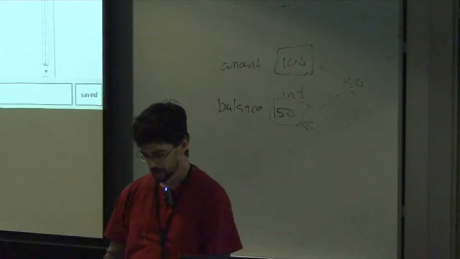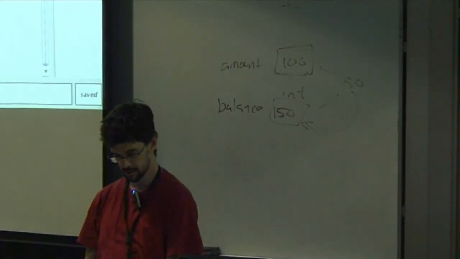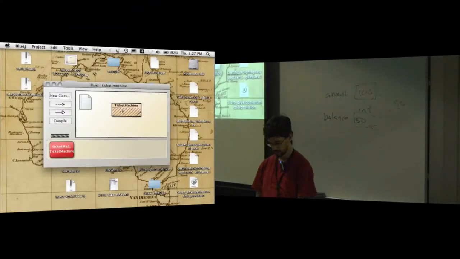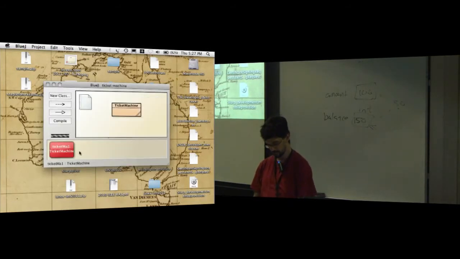Okay? So now if we save that, this is stripy, so we need to compile it. Okay. Now if we create a new ticket machine, and we'll give it a price of 150.